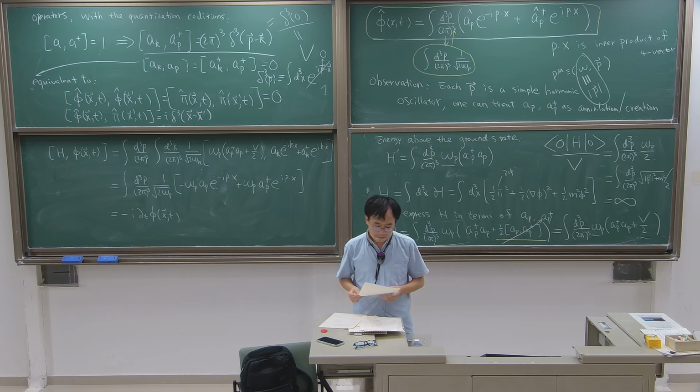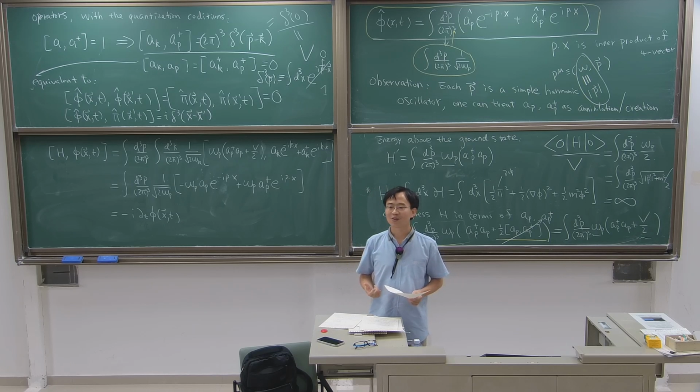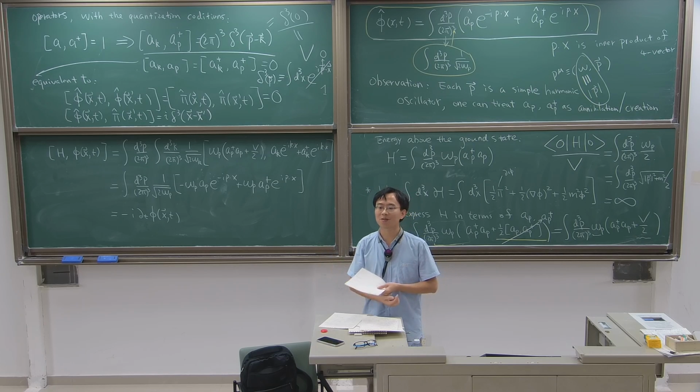Now, you did this for H. You can similarly do the same thing for P. For energy, you can also do it for the momentum. We know P is about the T0i integral. Remember that? So P^i is the integral of T0i over x.